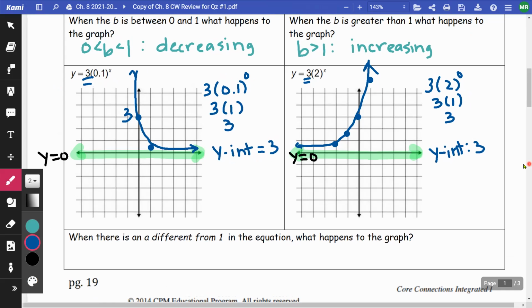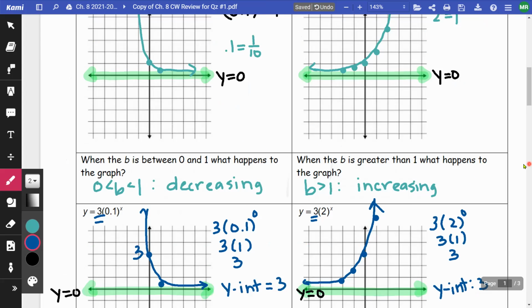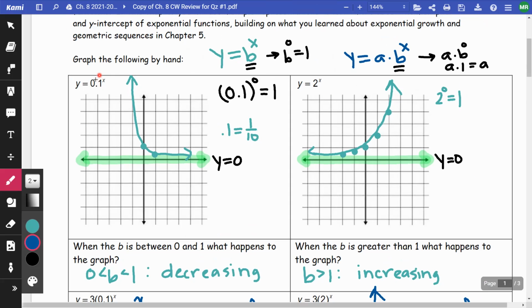So now they say when there is a different a from 1 in the equation, what happens to the graph? So up on these ones, there really wasn't an a in front. The a really is a 1. It's just my base to a power. And when it's my base to a power, my y-intercept is 1.